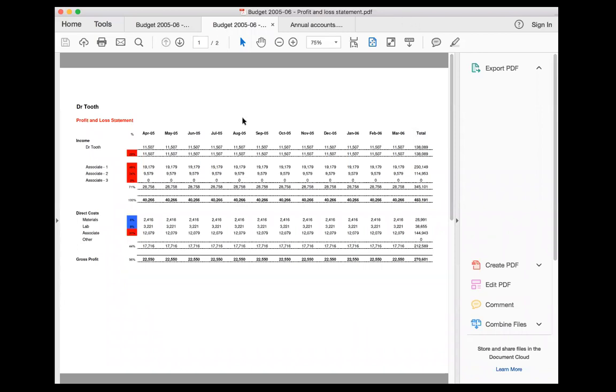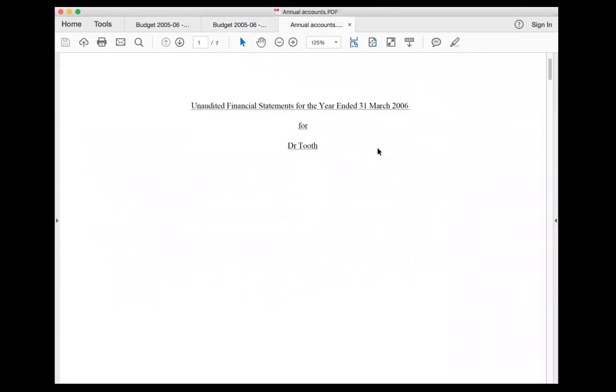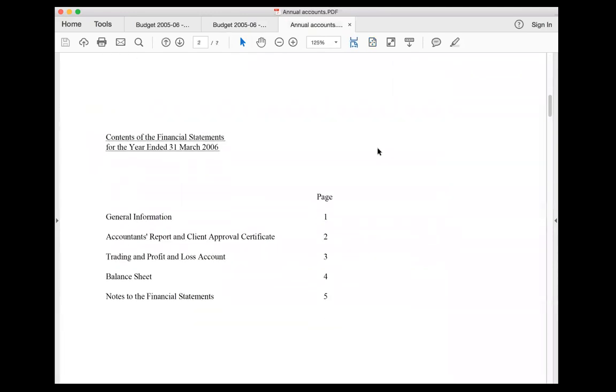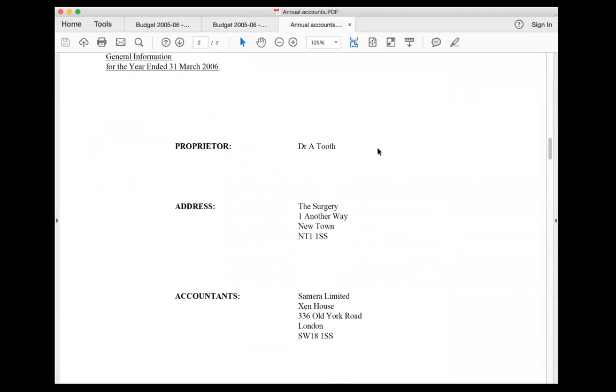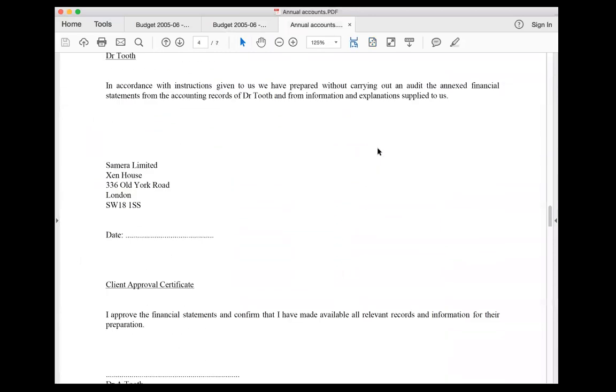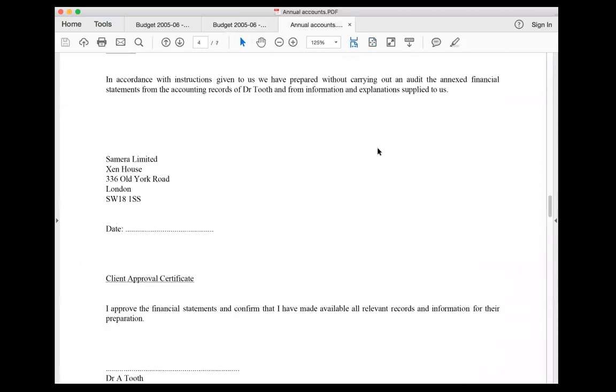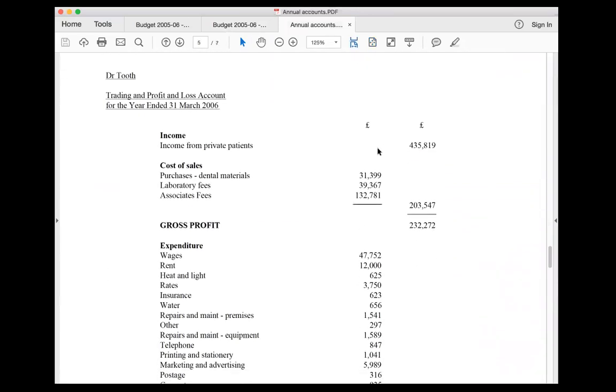This is a dummy client called Dr. Tooth, and these are the annual accounts for Dr. Tooth. So you can see this is all the standard stuff you may have seen in a set of accounts.